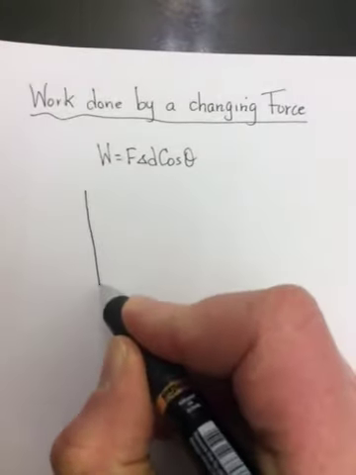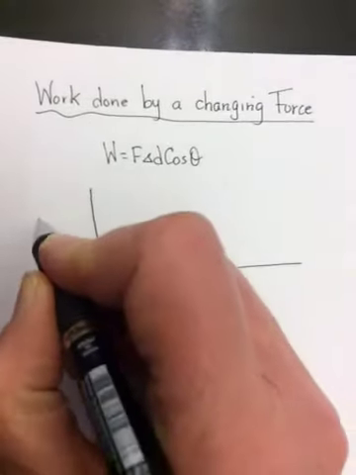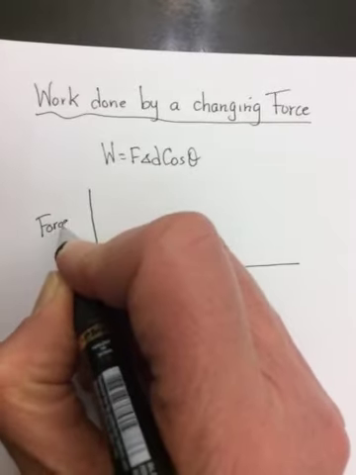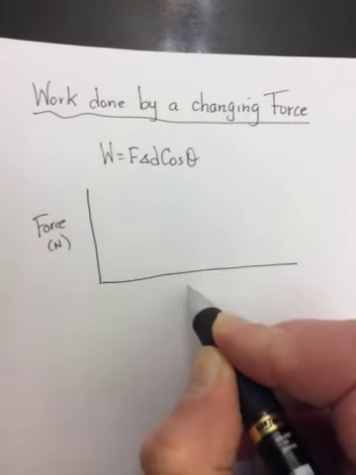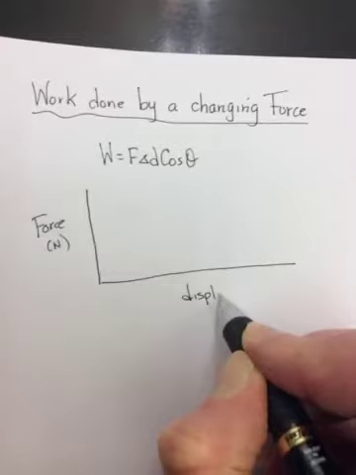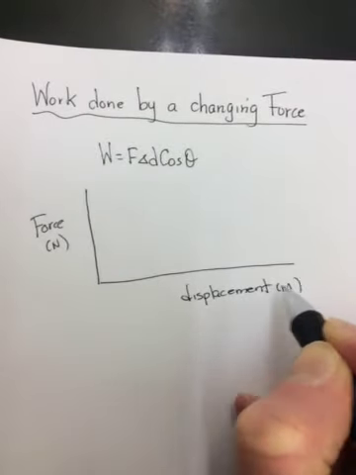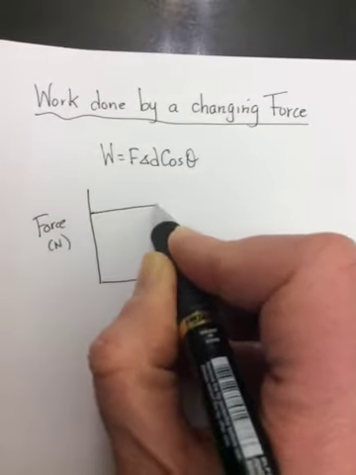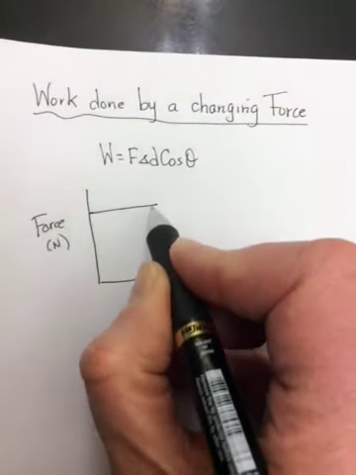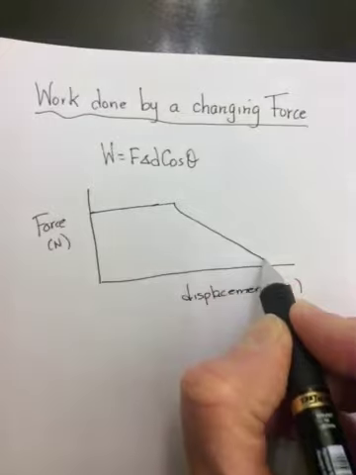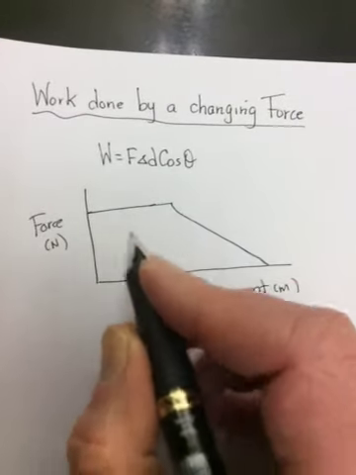And what I mean by that is you do a graph and you put force on this side, measured in newtons, and this would be displacement, measured in meters. And so if the force was constant, it might look like this. But if it's changing, imagine that went down straight, it might look like this.